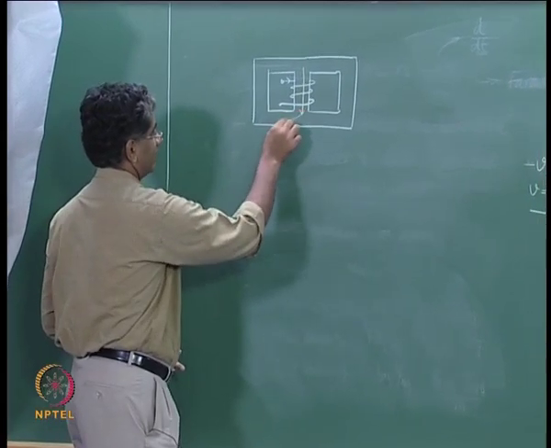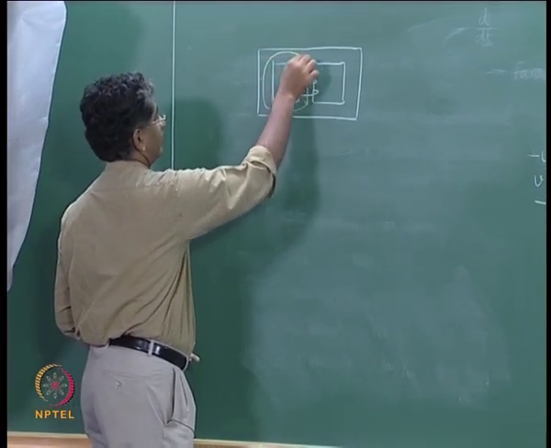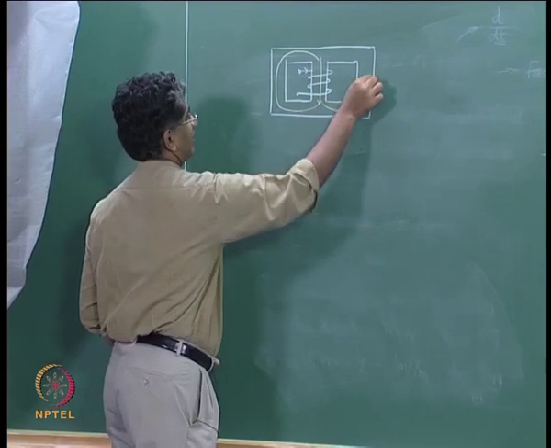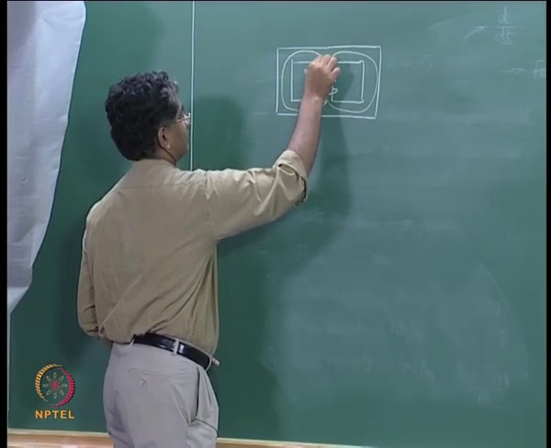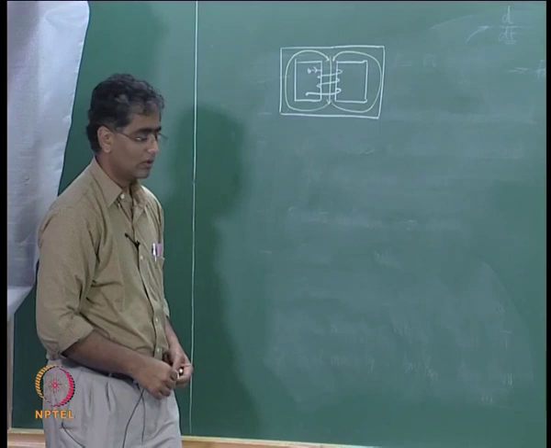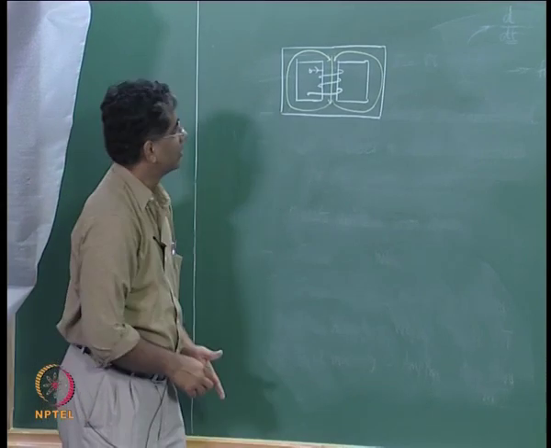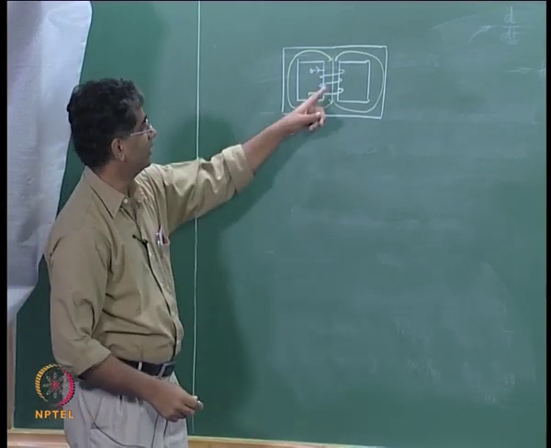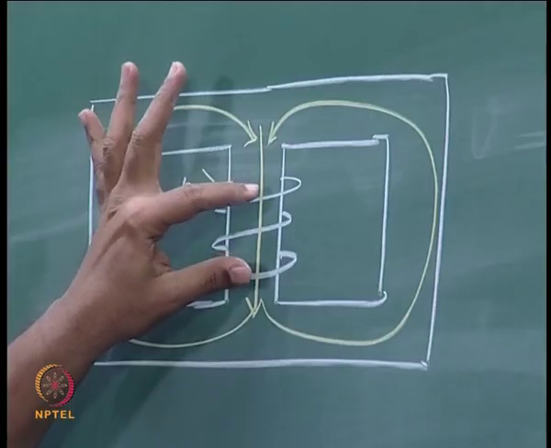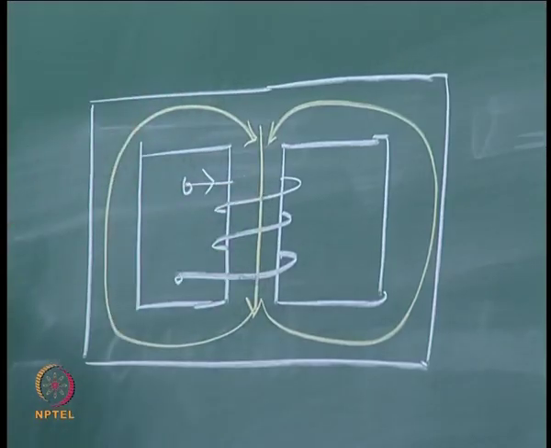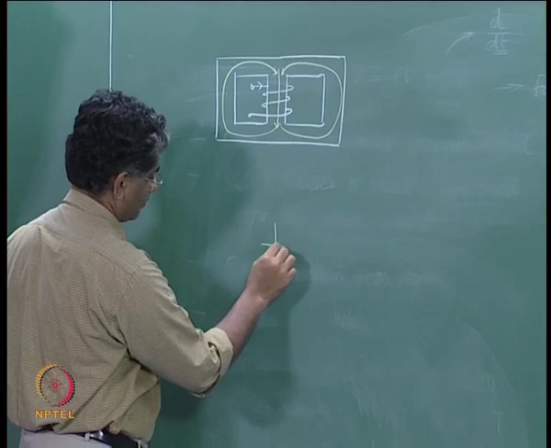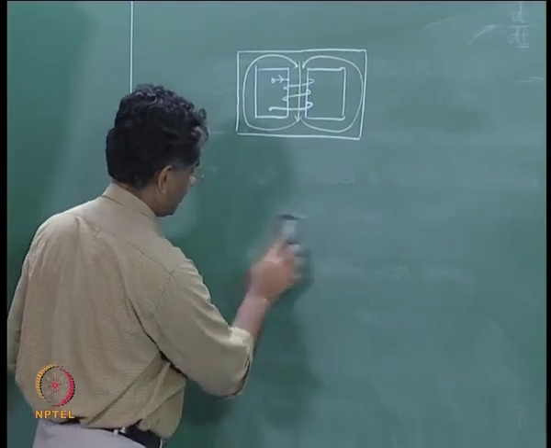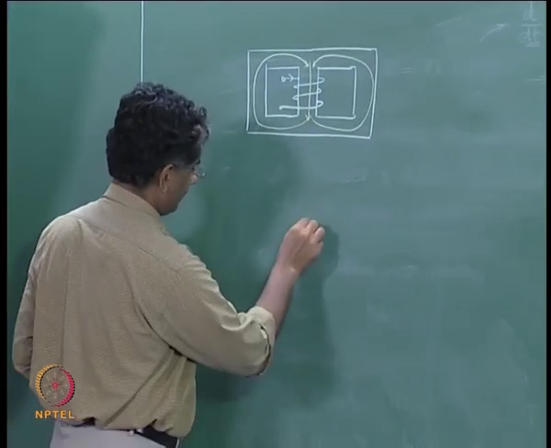So half of these flux lines will flow like this, and another half would flow this way. So the equivalent circuit will then be an MMF that is generated here, since it is allowing flux to go downwards.